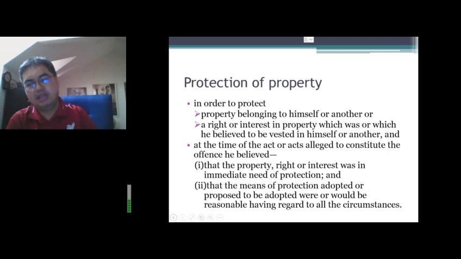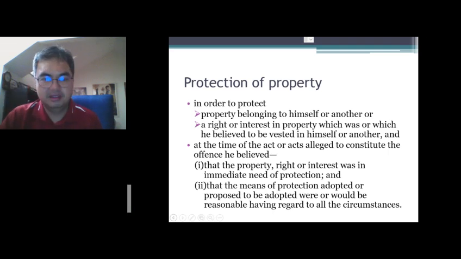Okay, so he had to destroy or damage certain property in order to protect some other property, and that other property was in immediate need of protection, and that the methods that he used were reasonable in those circumstances.